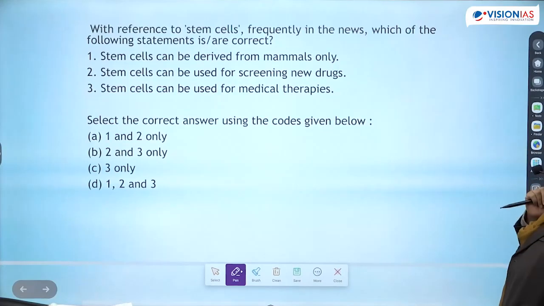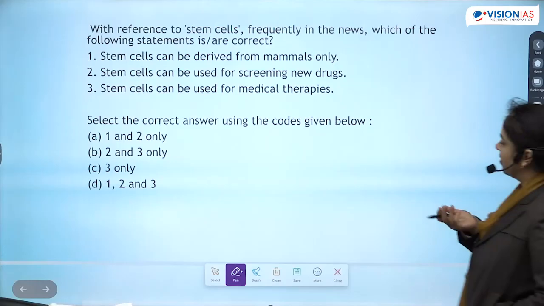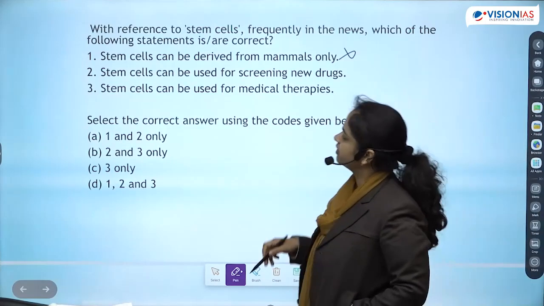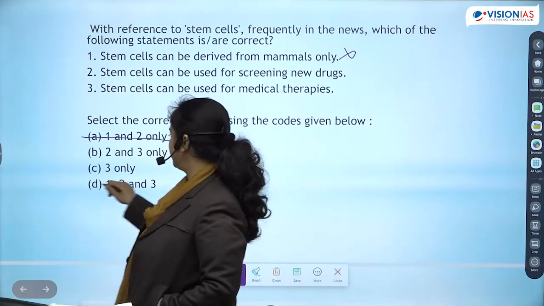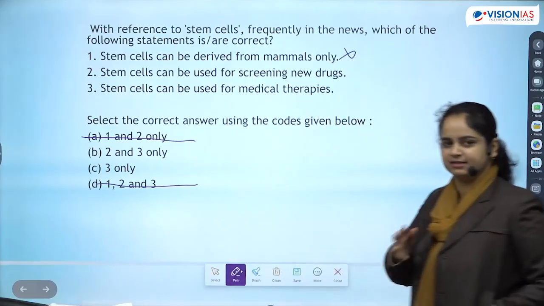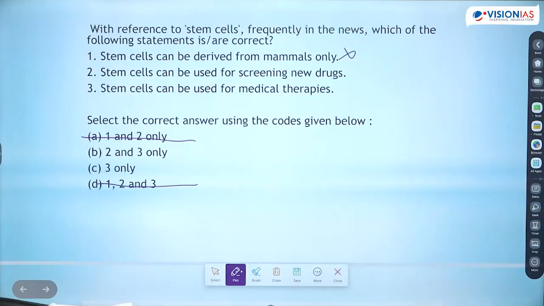With reference to stem cells frequently in the news, which of the following statements are correct? So I'm getting C and B online. देखते हैं. First is stem cells can be derived only from mammals. So ऐसा कुछ नहीं है, ऐसी कोई limitation नहीं है. अच्छा, left with B and C, the two answers which you have given. Okay. So at least this, that means everybody was able to identify.